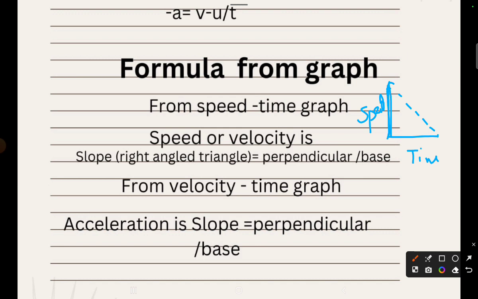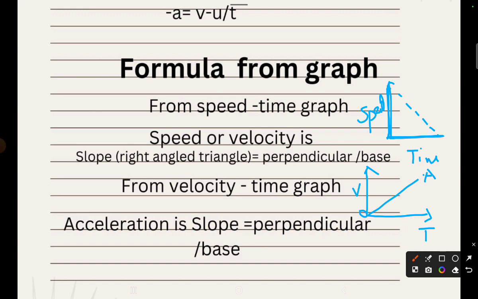This is the perpendicular and this is the base. Perpendicular upon base will give us the slope, which we term as the speed or velocity. So if a graph is given like this and this is the speed, AO is the speed, then this is the time t and this is the velocity.